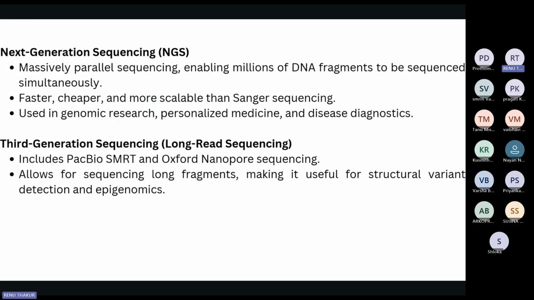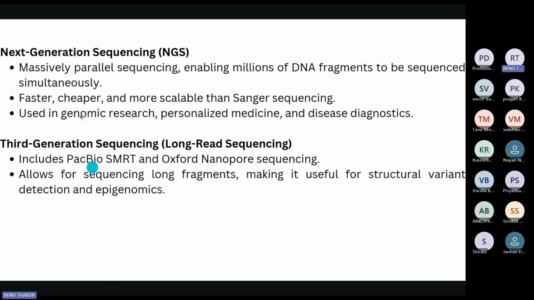These third generation methods include PacBio SMRT and Oxford Nanopore sequencing. As I said, they allow sequencing very long fragments, unlike NGS and Sanger, making them useful for structural variant detection and epigenomics. This is just a roadmap of how different sequencing technologies have evolved over the years.